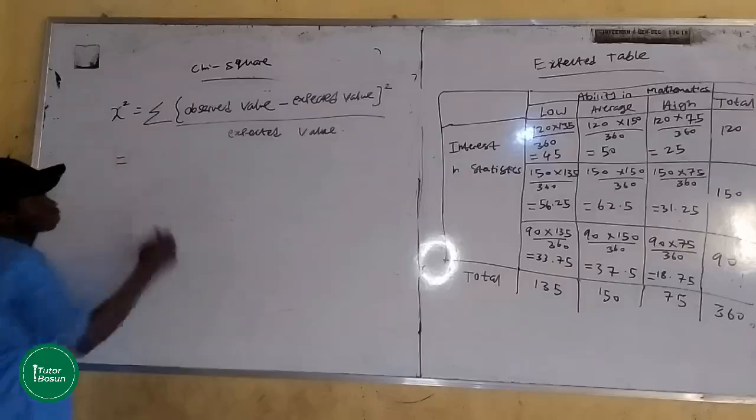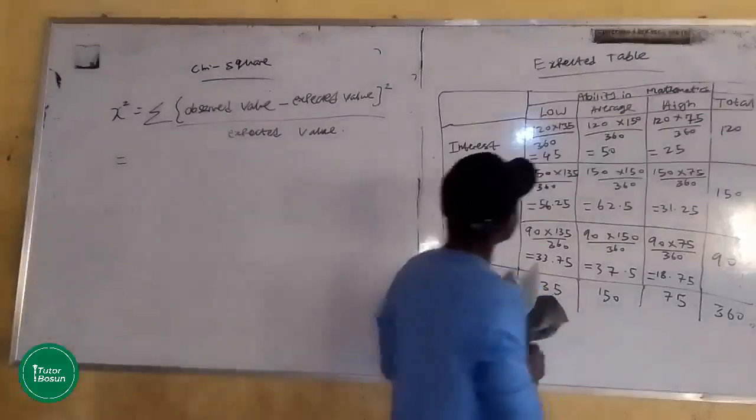So here we can see we have all our expected values.